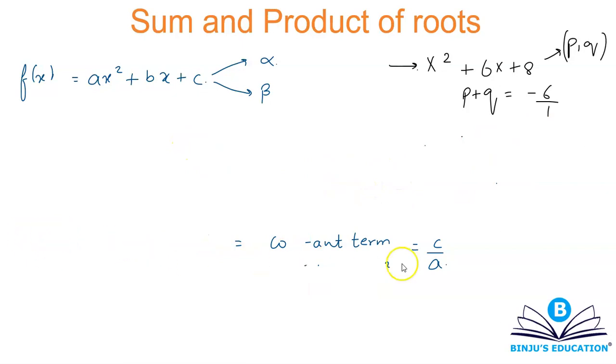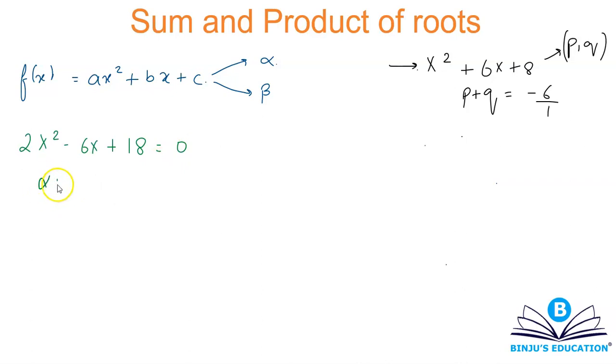You can take another example also. Let's say I have 2x² − 6x + 18 = 0. Let's say the two roots are alpha and beta.